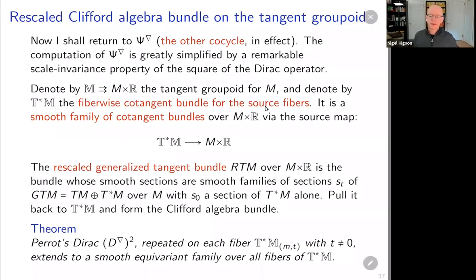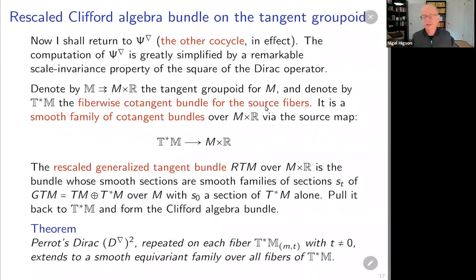And what I'm going to do is make a small rescaling of the generalized tangent bundle by defining, as people do, for example, in a la Melrose, defining the bundle indirectly via sections. So a smooth section of the rescaled tangent bundle, let's say over the unit space to begin with, is just a section of the generalized tangent bundle which is entirely concentrated in T star of M at T equals 0.